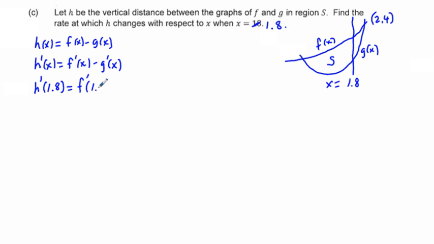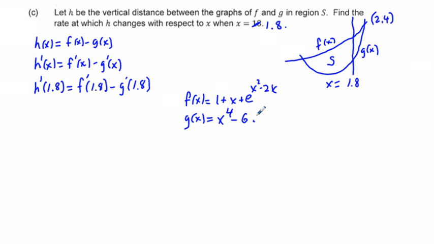Okay, and just to remember what our f and g functions are, we have f of x is equal to 1 plus x plus e to the power of x squared minus 2x, and g of x is equal to x to the fourth power minus 6.5x squared plus 6x plus 2.